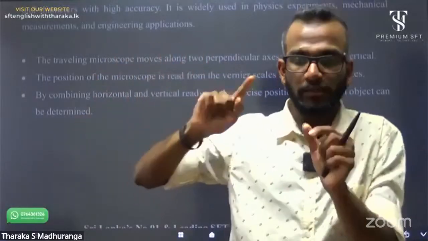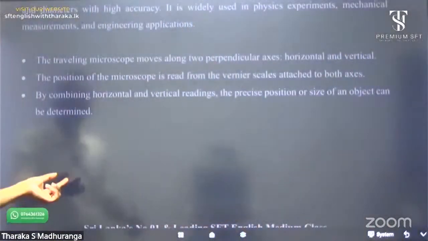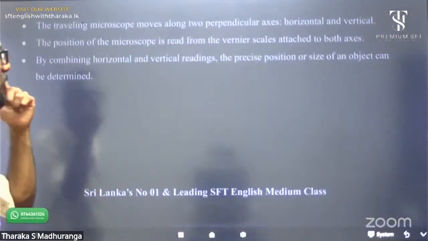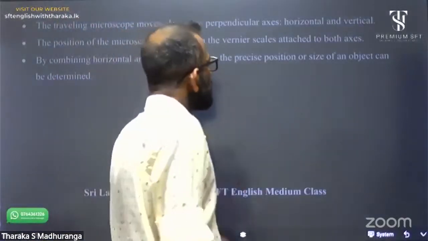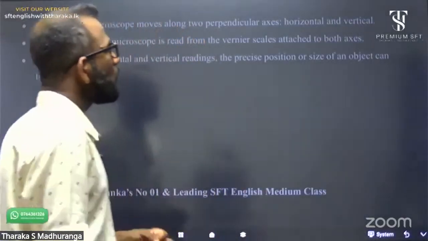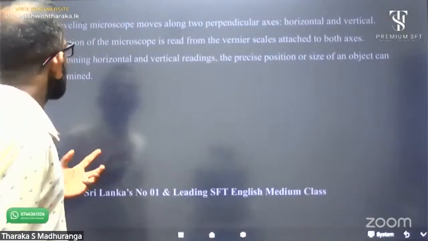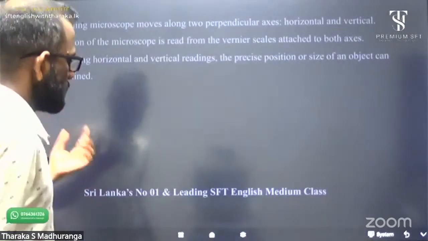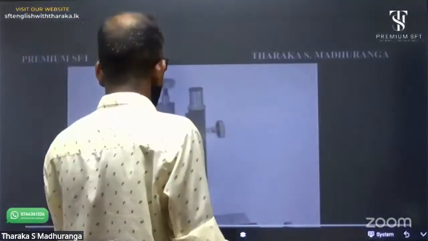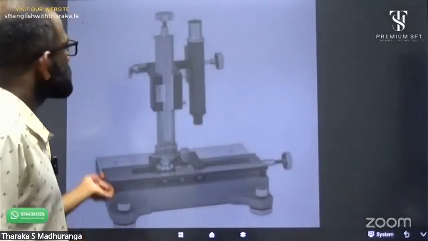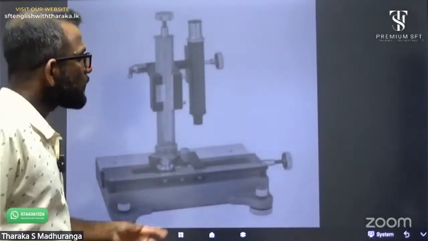We need two measurements and take the difference. By combining horizontal and vertical readings, the precise position or size of an object can be determined. Yes, that we discussed. Okay, that is the instrument.